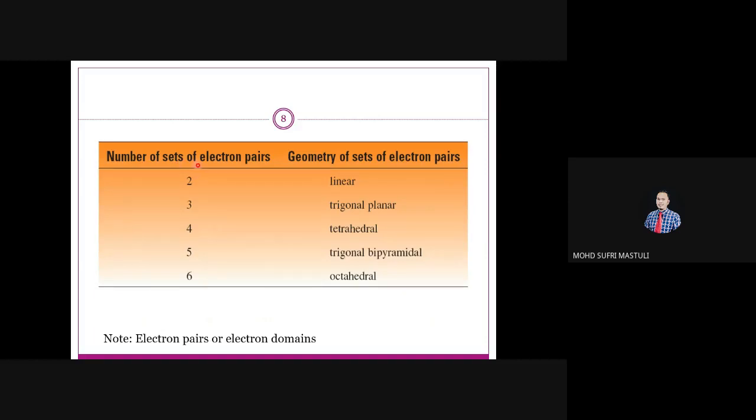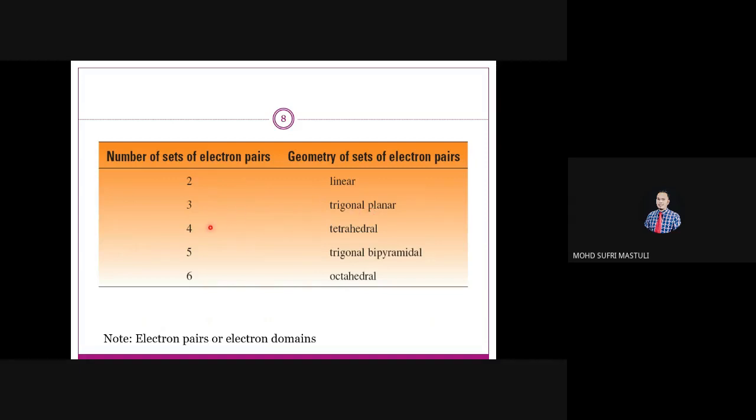So, if we have an electron domain of 2, the electron domain geometry is linear. If we have an electron domain of 3, the electron domain geometry is trigonal planar.